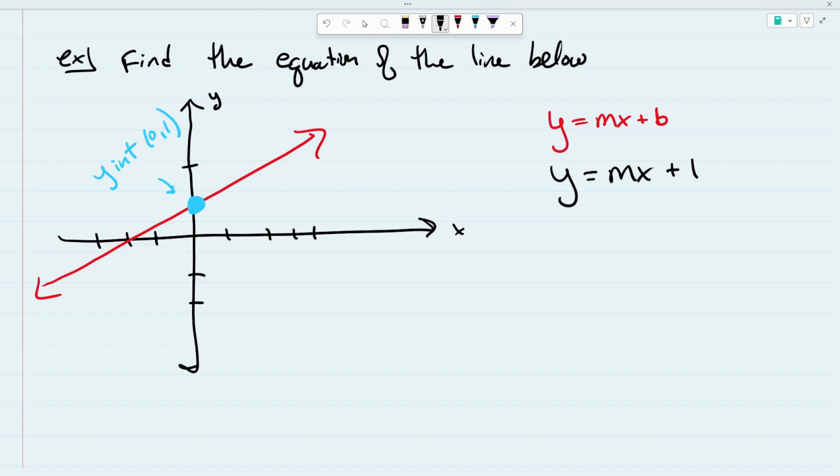Now, many of you remember m equals rise over run. And that makes me very sad. All right. And here's why. Rise over run is not wrong. It doesn't give you the entire story. Now, rise over run works in this specific scenario because we have what we call a positive slope.